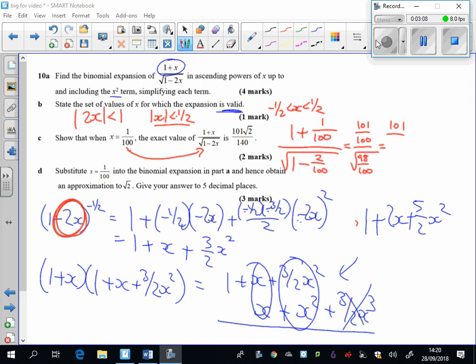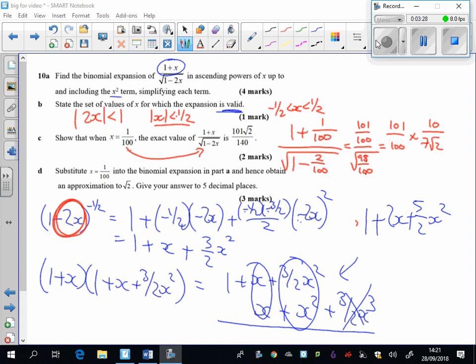Well, to divide by a fraction, we multiply by its reciprocal. So I'm going to multiply this, and I can actually do this square root. The square root of 100 is 10. And the square root of 98, because 98 is 49 times 2, so I've actually got 7 root 2's here.